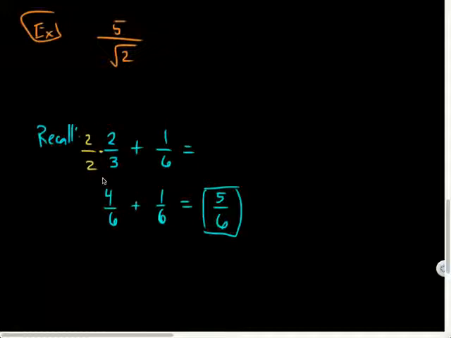So my point is, what did I do here and why was I allowed to do it? Why could I just randomly multiply by 2 over 2? Well, I was finding an LCD, but why is this fair? Why didn't that ruin my equality between this statement and this statement? What is 2 over 2 the same as? 1.